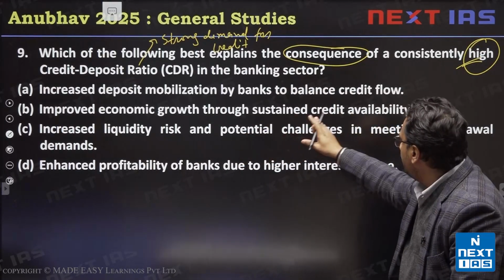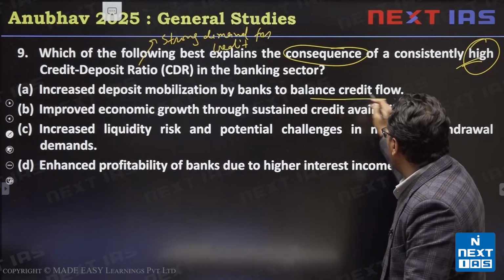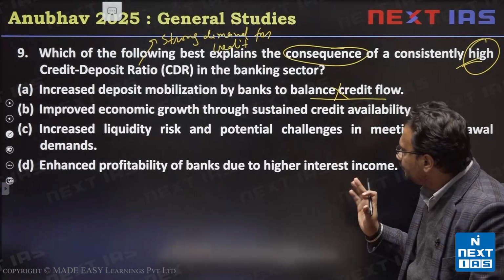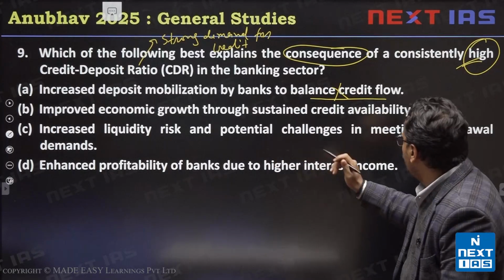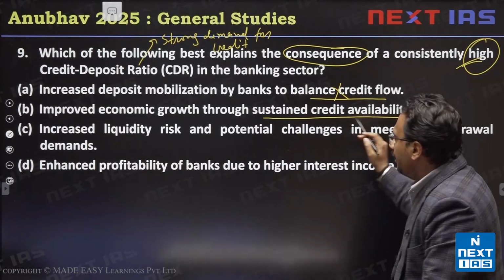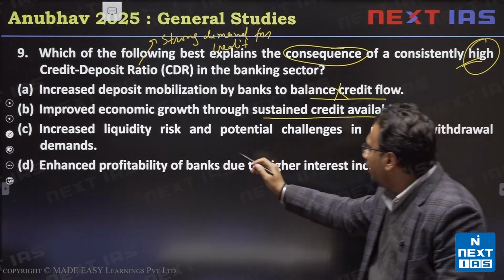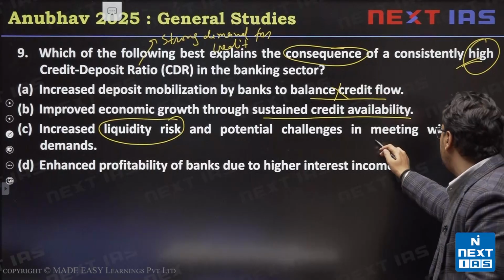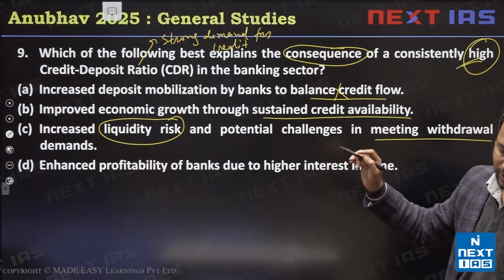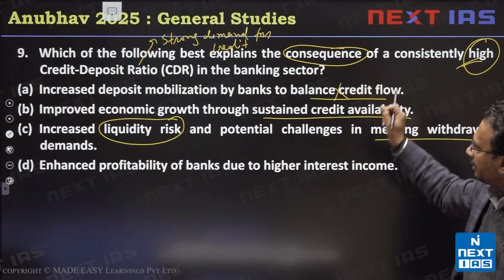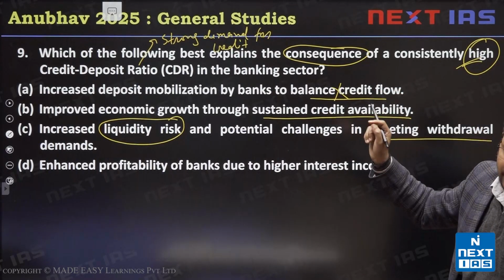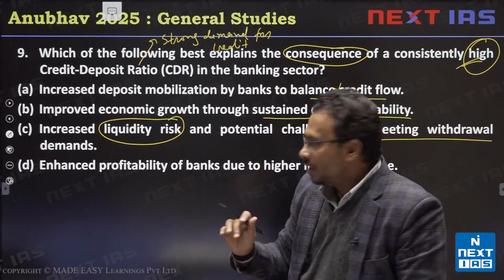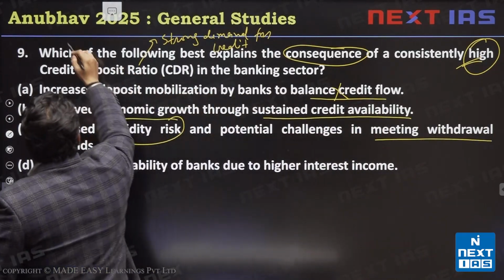Increased deposit mobilization by banks to balance credit flow, incorrect, it goes against the very basics of the credit deposit ratio. Improved economic growth through sustained credit availability. C, increased liquidity risk and potential challenges in meeting withdrawal demands. Why? Because there is a strong demand for credit, but at the same time a slower deposit growth rate is there as well.